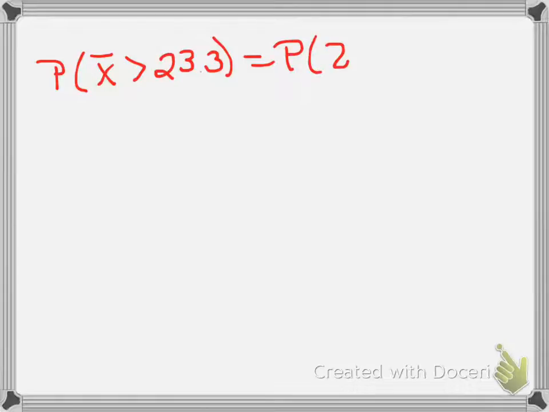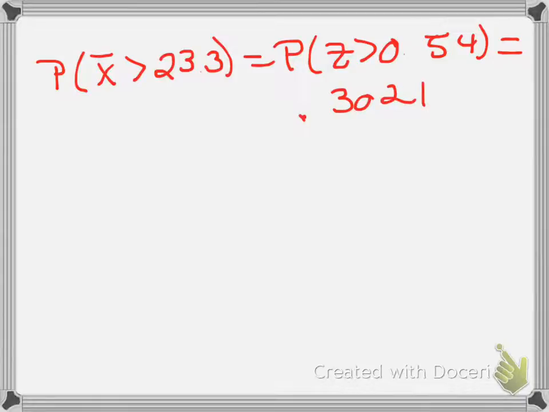So the probability that x bar is greater than 23.3 is equal to the probability that z is greater than 0.54, which is equal to my p-value, 0.3021.